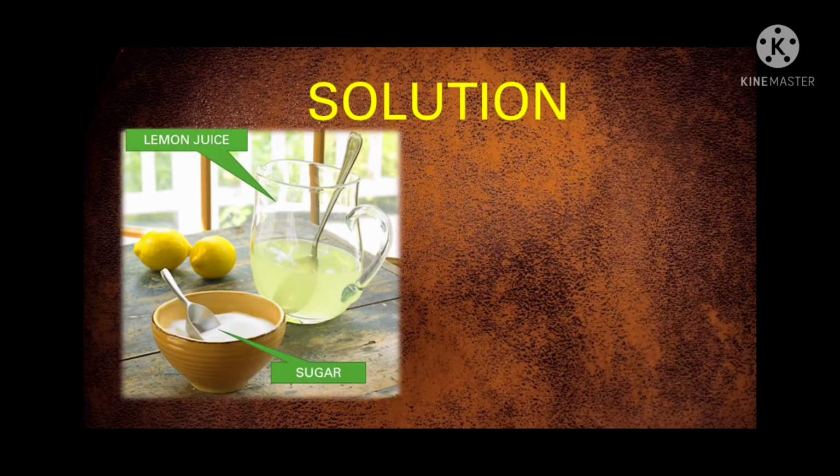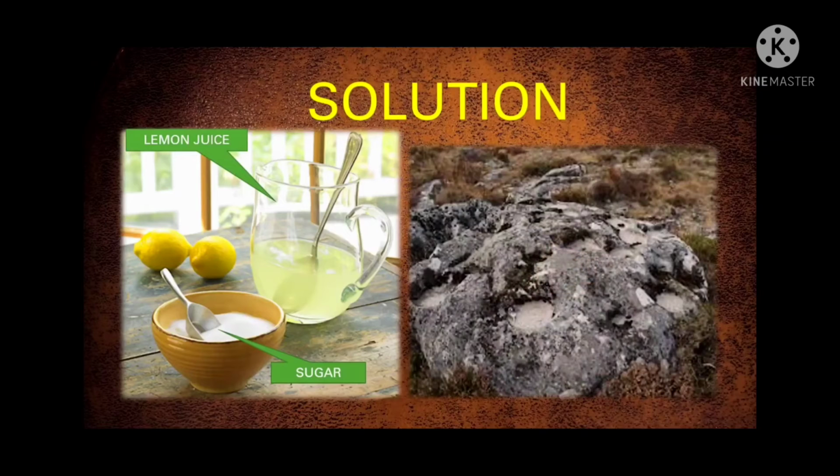Now let's try this experiment. Take lemon juice, sugar and salt. Water is mixed together. It makes a solution. So when substances dissolve in water, the resulting liquid is called a solution.